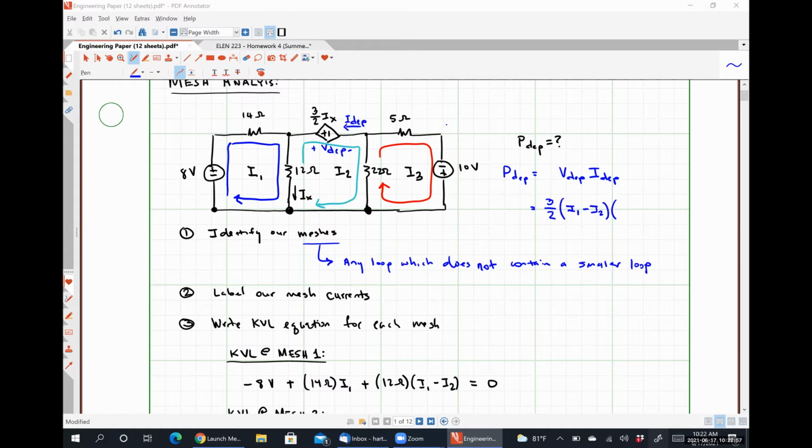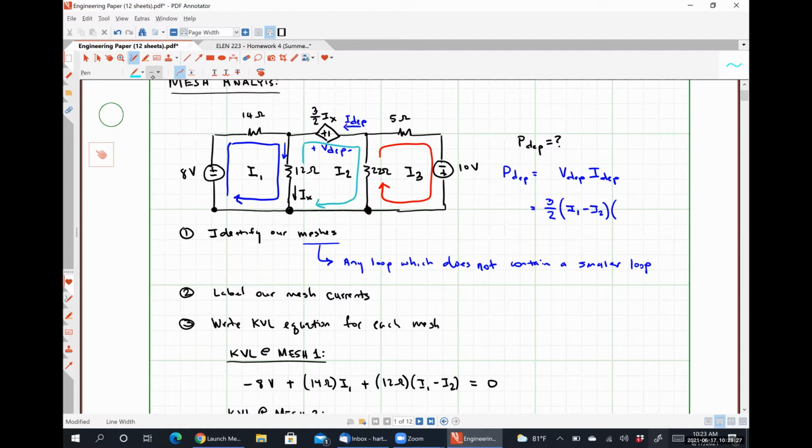If we look at where IX is defined here, it is the current flowing down through the 12 ohm resistor. Can we agree on that? All right. So when we're following I1 around its clockwise path, it is flowing down through that 12 ohm resistor.